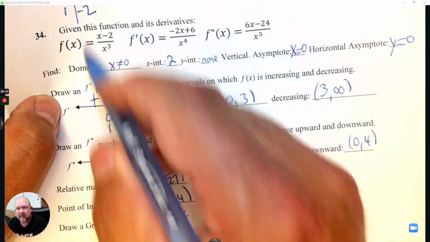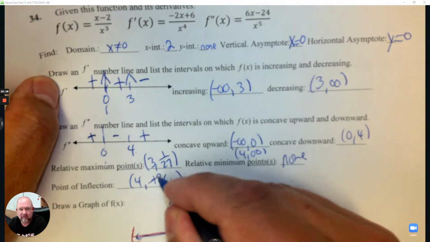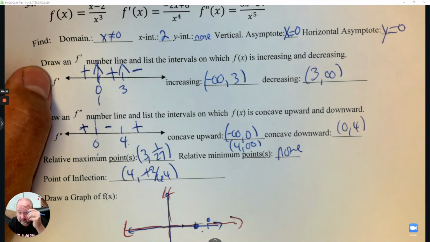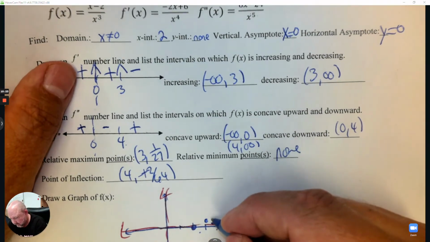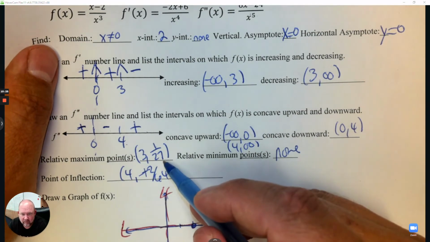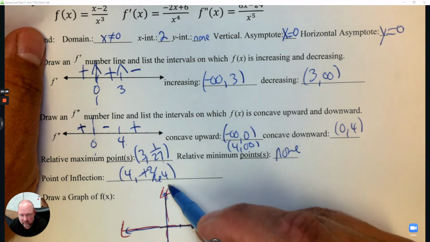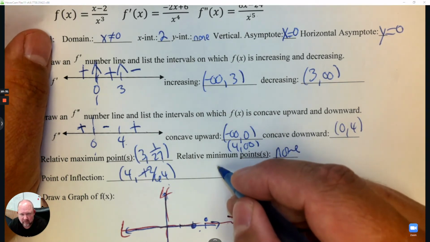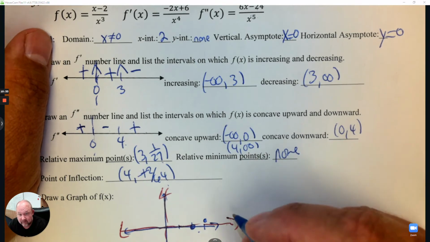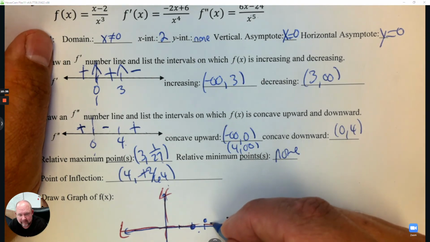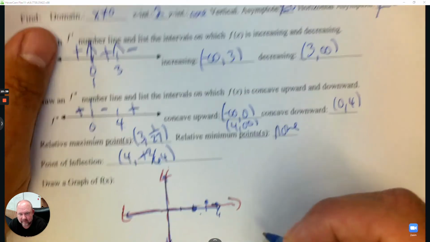Oh, 4 take away 2 is a positive value. That's why I was confused. 2 over 64. Believe it or not, 1 over 27 is bigger than 2 over 64. 2 over 64 is 1 over 32. This is a maximum, so that's why 4 has got to be just a little bit lower.